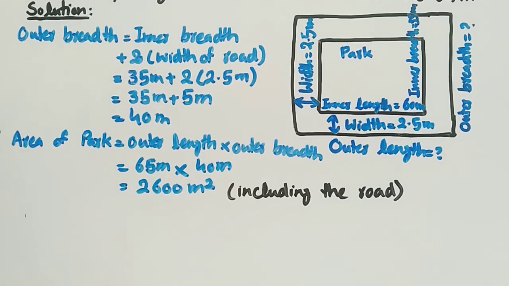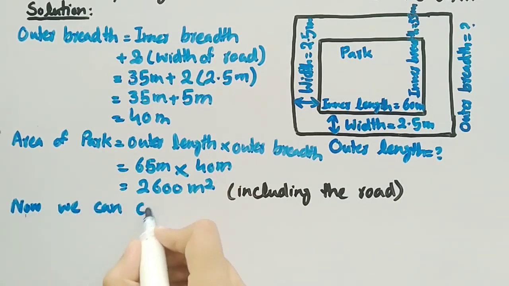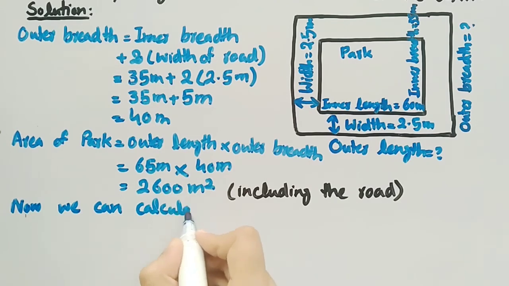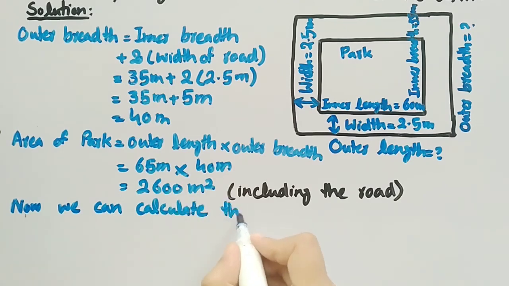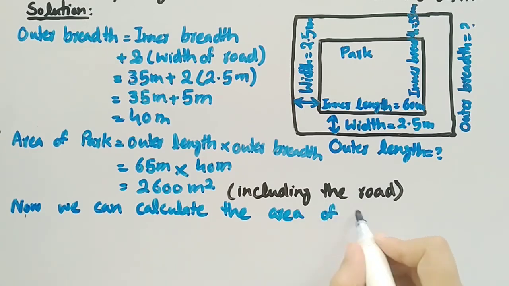Since we have found the area of the park excluding the road and area of park including the road, so now we can calculate the area of the road.